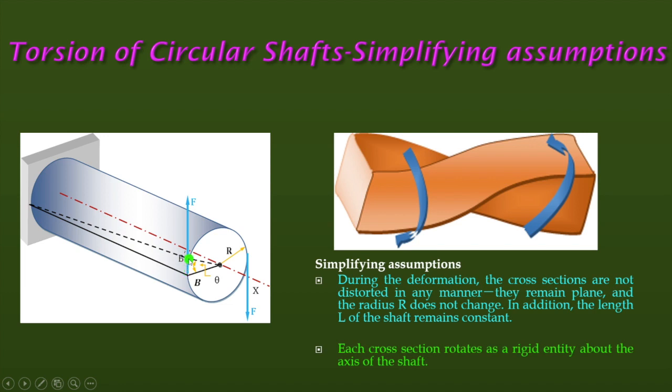It means point B shifts to point B dash. And at the center of this cross section, it produces an angle theta. This is the angle of twist. And we are also considering the overall radius of the shaft as capital R.